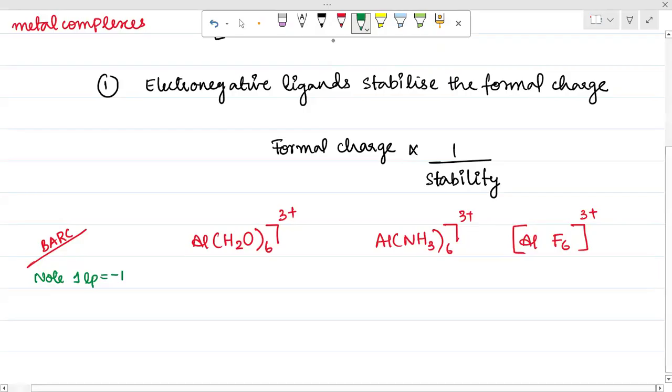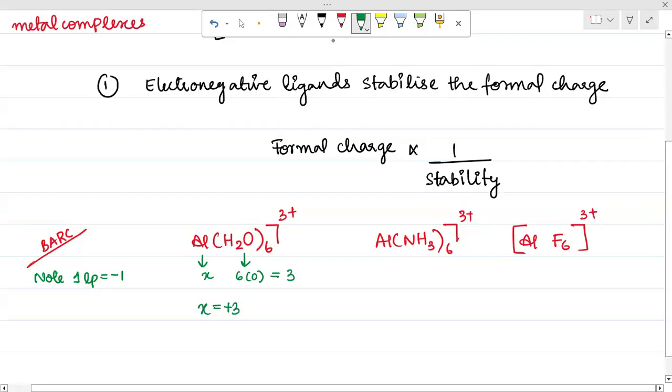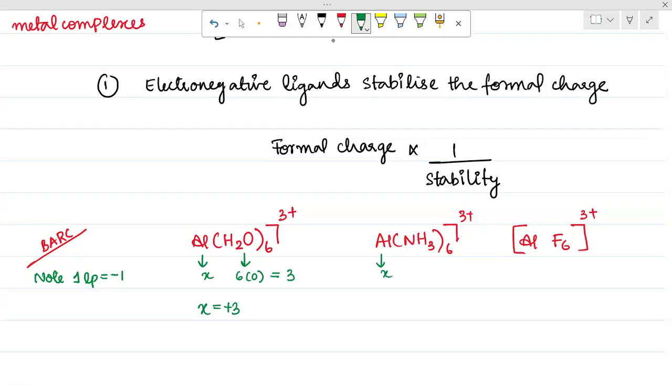Okay, so what is the oxidation state of aluminium here? Water is a neutral ligand. Aluminium, let's say, is X. This is 6 into 0, giving a total charge of 3. So aluminium over here is +3. Correct. Similarly, ammonia is also a neutral ligand. So of course, the same. This is going to be X, this is going to be 6 into 0, and the total charge is 3. So X is equal to +3.